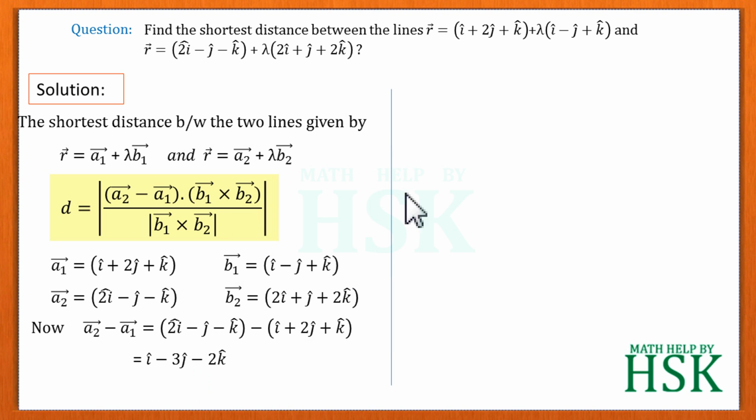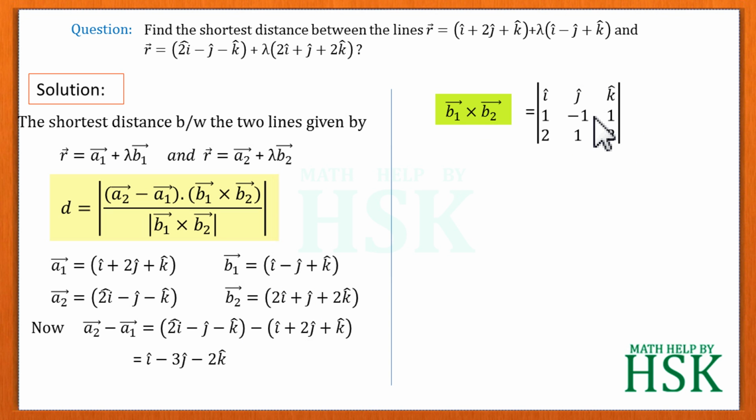Next, I am going to calculate b1 × b2, the cross product of these two vectors. I write it in the form of a determinant: i, j, k, the coefficients of b1 as 1, −1, 1 and the coefficients of b2 as 2, 1, 2.